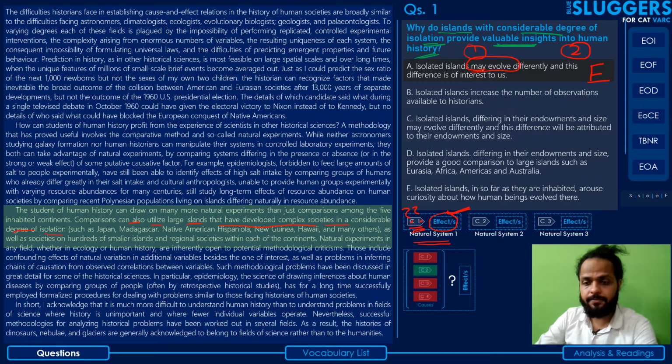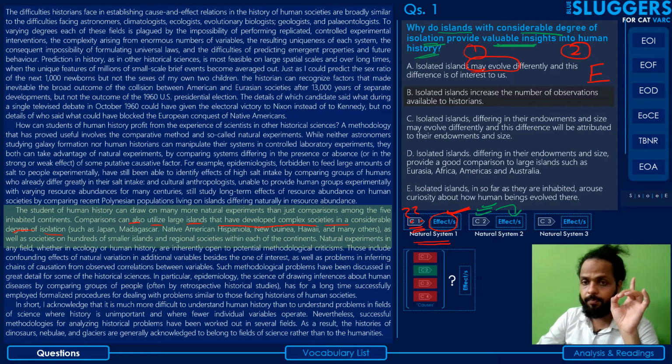Next, option B. Isolated islands increase the number of observations available to historians. The author wants historians to consider isolated islands because these islands might have had a different set of causative factors which may have resulted in a different kind of evolution of human history on those islands.